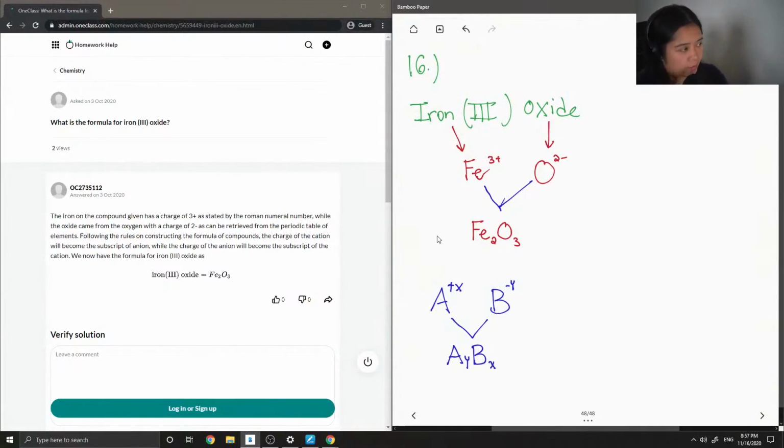So finally, the formula for iron(III) oxide is Fe2O3.